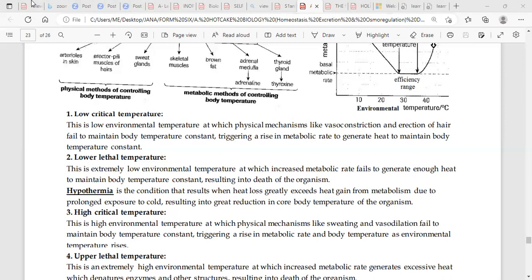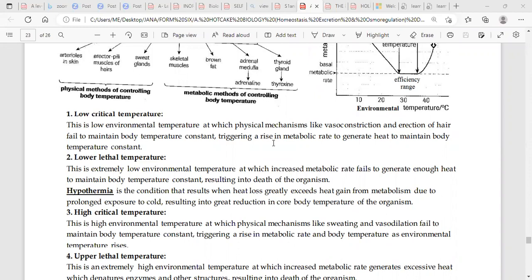And as you are generating heat, then you are increasing the body temperature. So now, when the environmental temperature continues to decrease, a point reaches when also the increased metabolism fails to generate enough heat that can maintain the body temperature constant, resulting in death of such an organism. That is the lower lethal temperature.